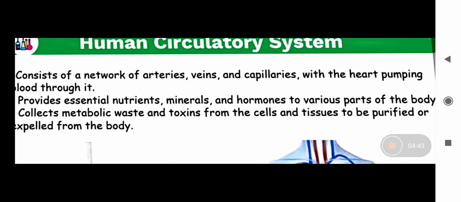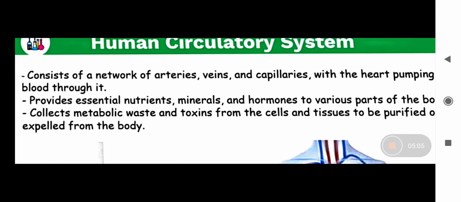Now, the tubes or channels in which the blood flows are called blood vessels. The blood circulatory system is the major means of transport in the human body. So, the human circulatory system consists of a network of these tubes or channels, called blood vessels.